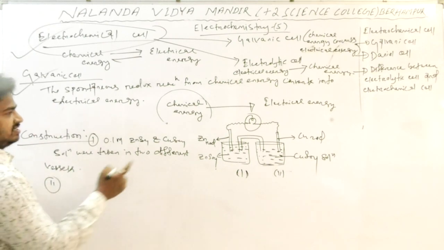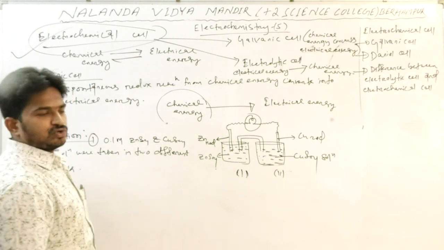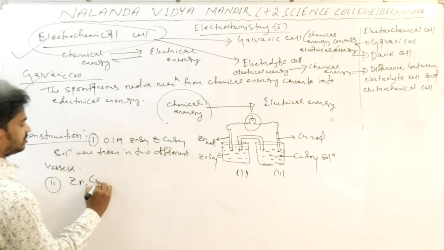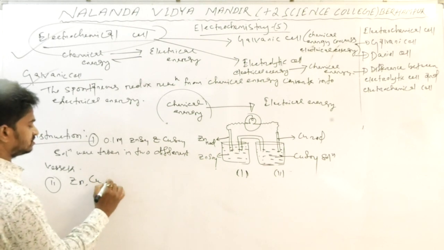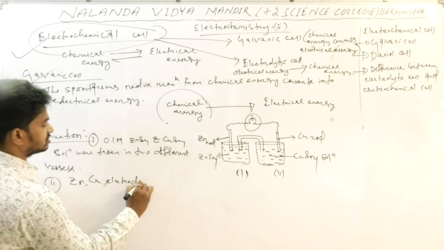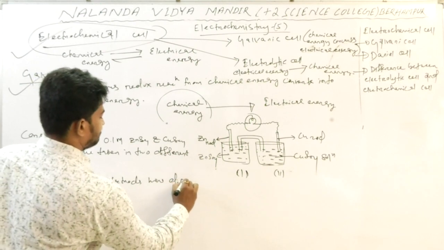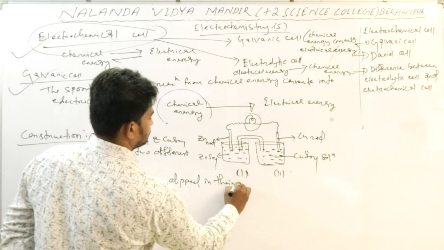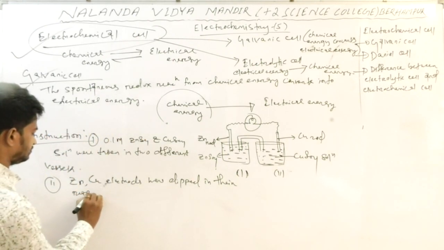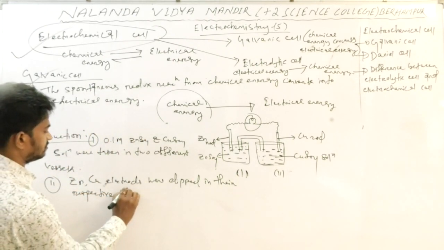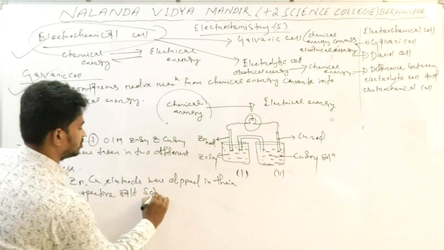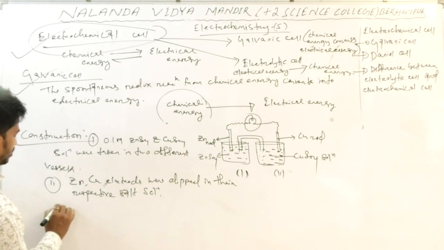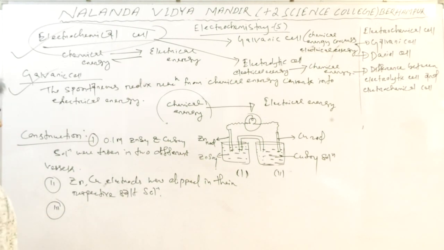Second, zinc and copper rods were dipped, the zinc and copper electrodes were dipped in their respective salt solutions, and the two electrodes were connected to a galvanometer or electrical bulb.